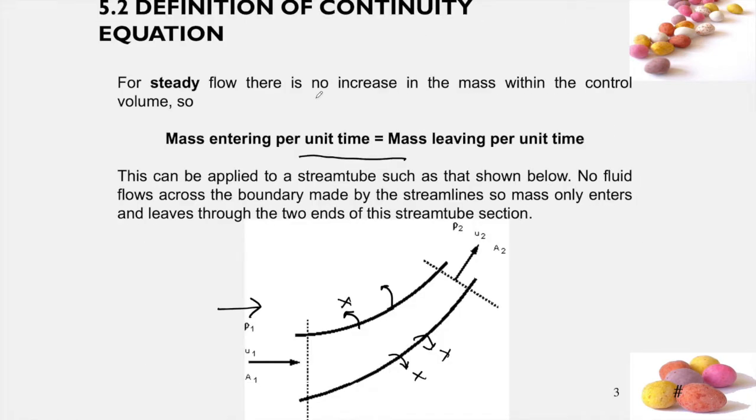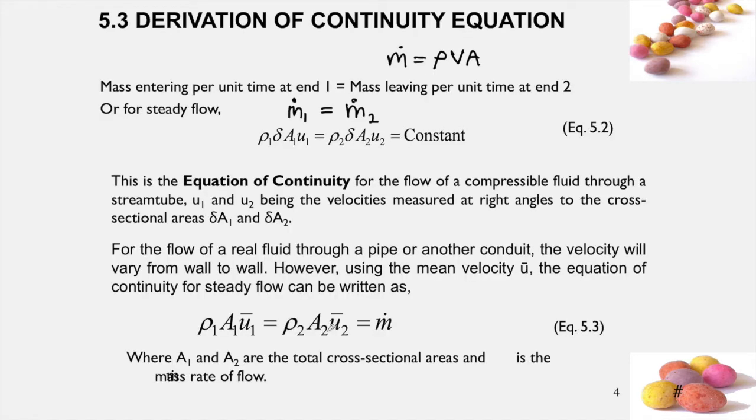As we can see, there will be a different area size at N1 and N2. Therefore, we write it down here because we deal with different areas: rho V delta A, the cross-sectional area. So you substitute this into the equation.